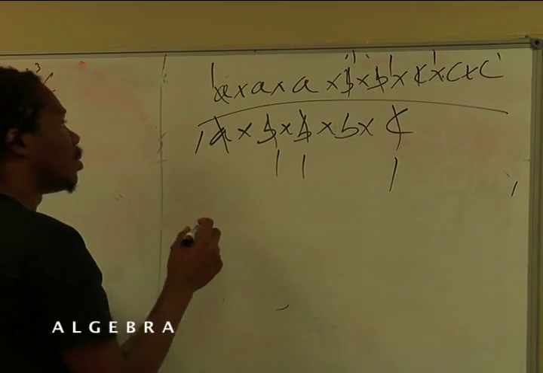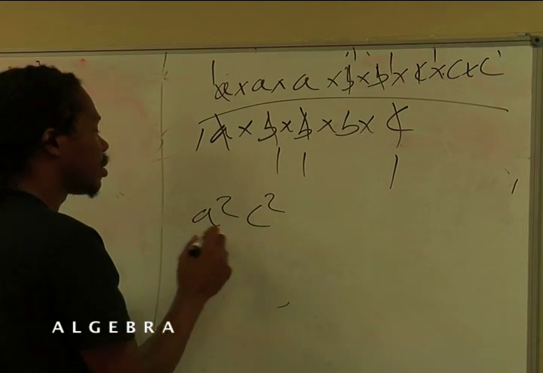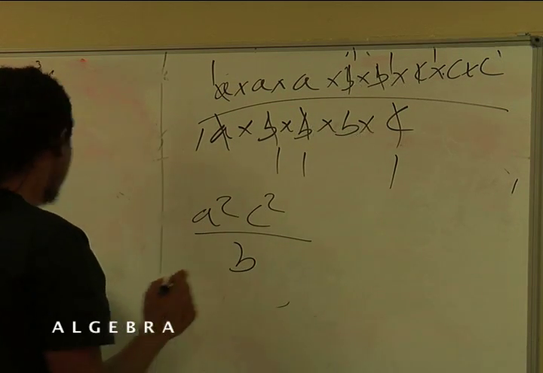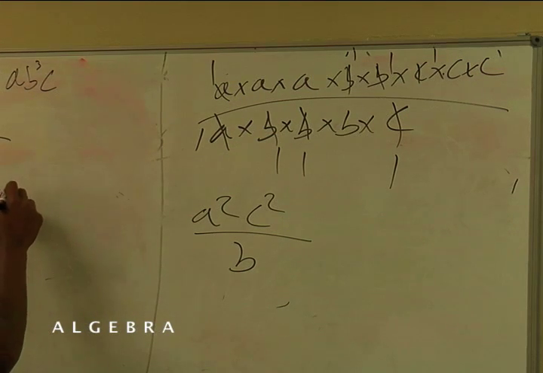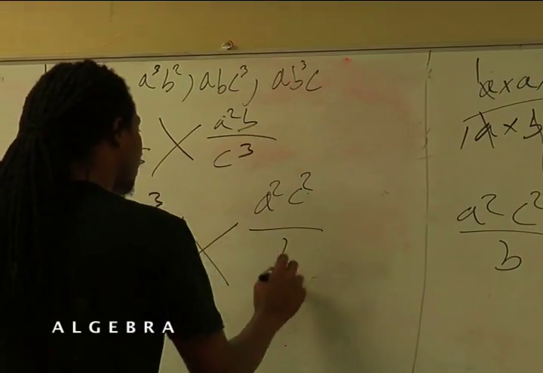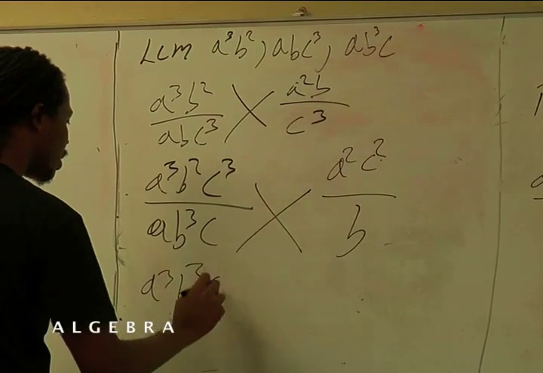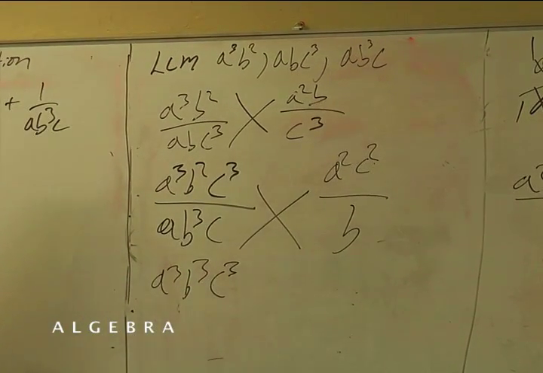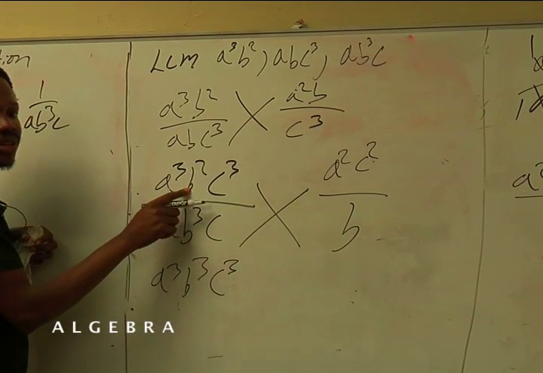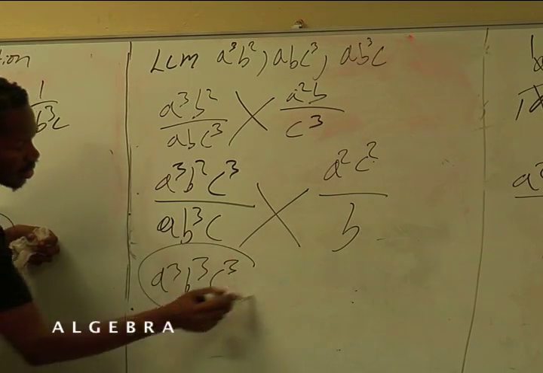So it gives us now a square c square over b. a square c square over b, crisscross. So I get a cube b cube c cube. Or I can multiply b times b square, b cube. This is the LCM.